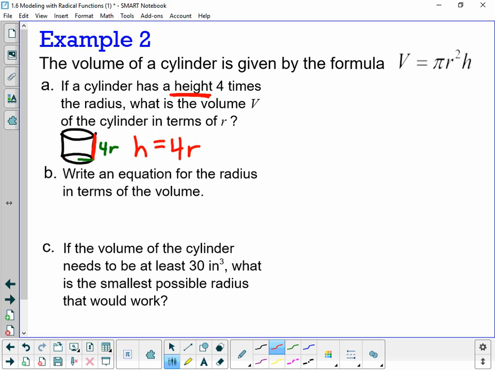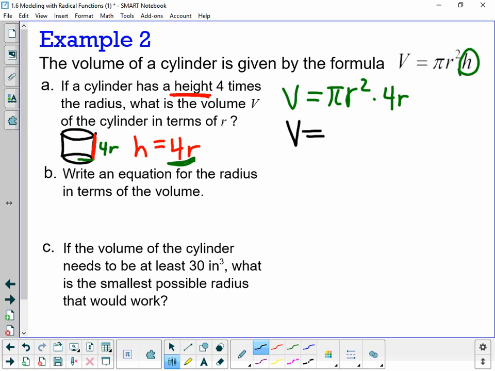We want to know what the volume is in terms of r. So in other words, we don't want to have an h in that volume equation anymore. But we know that h is the same as 4r, so we can substitute that into our equation. Pi r squared, and now where we see h in the formula, we're going to substitute the value 4r.